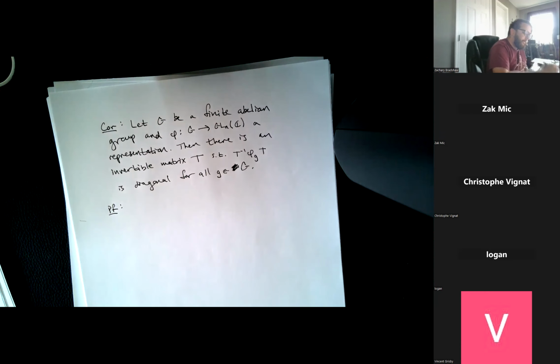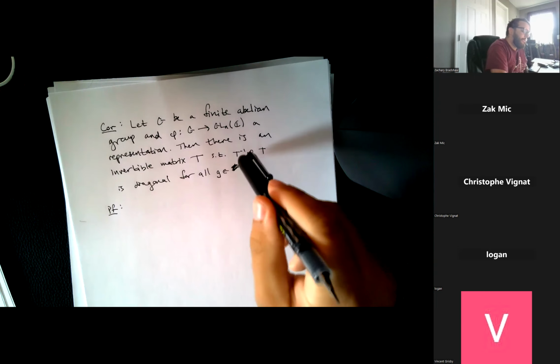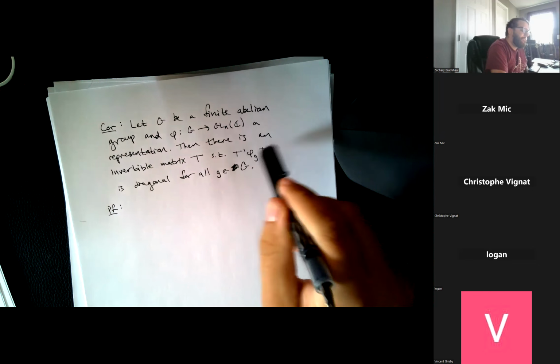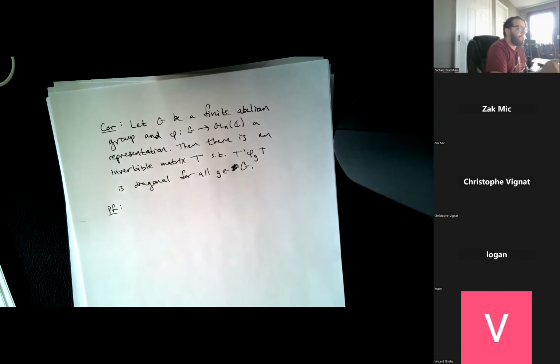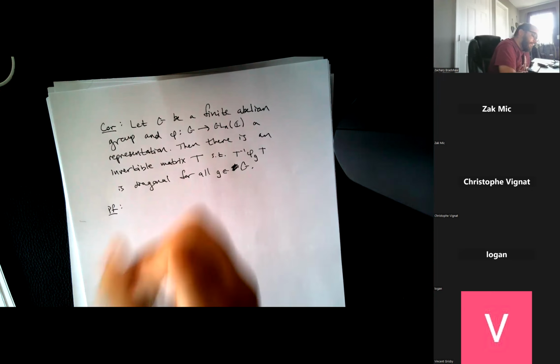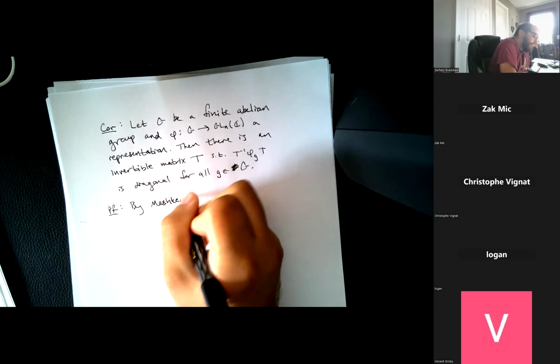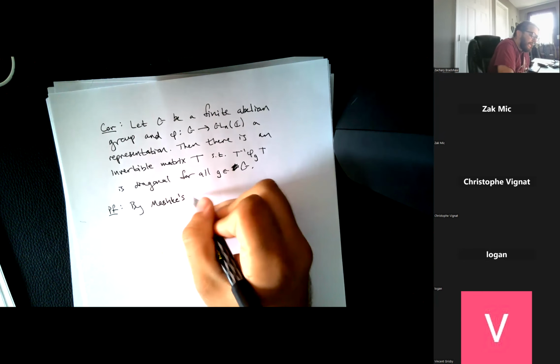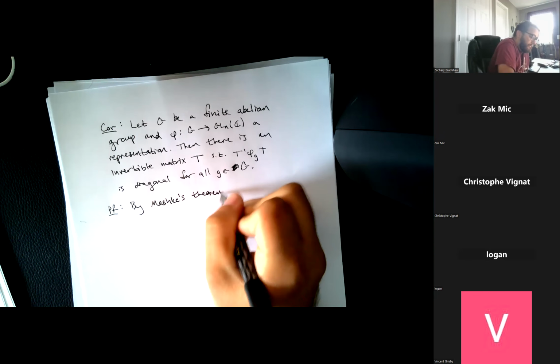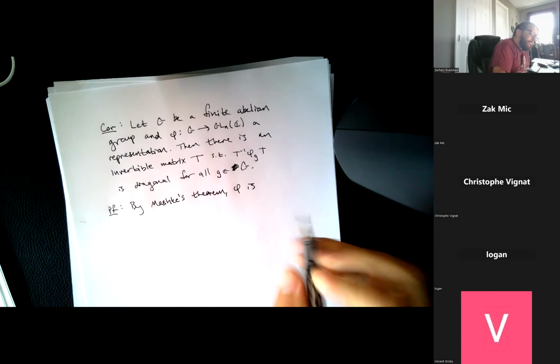So if I give you a finite abelian group and a representation in terms of matrices, then we can always find an invertible matrix T such that the conjugation of phi G by T is diagonal for any g. By Maschke's theorem, the big one we proved last time, phi is completely reducible.